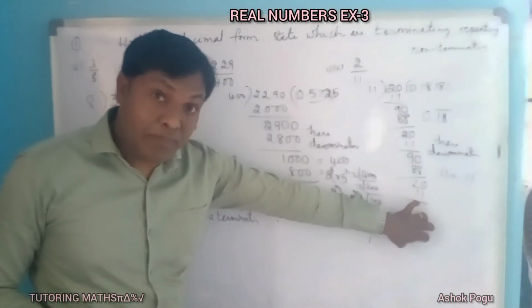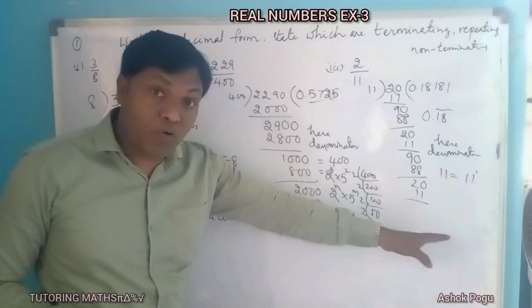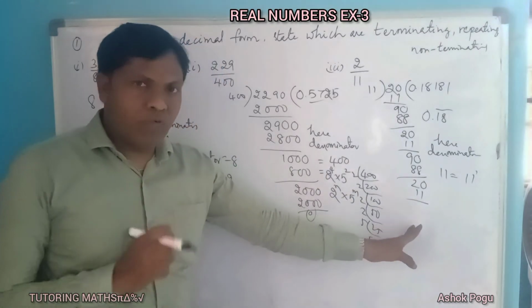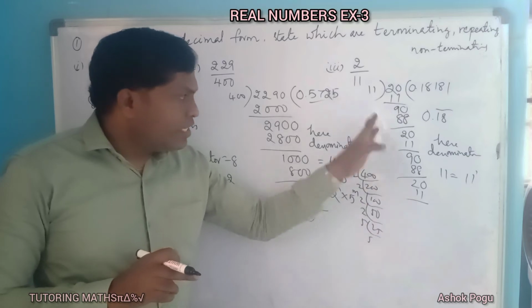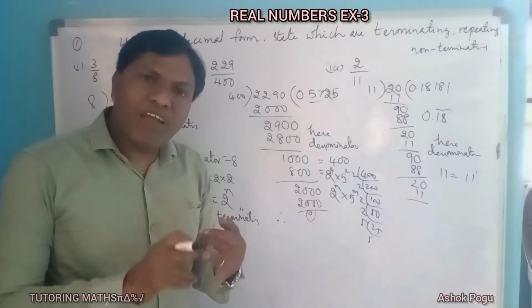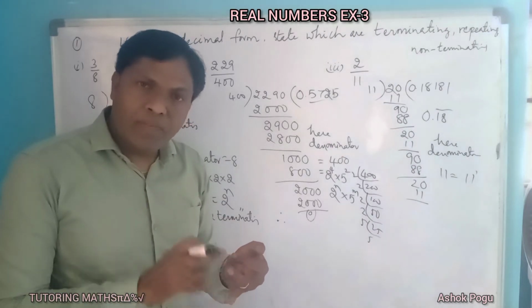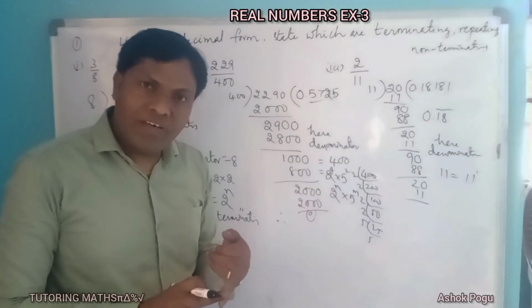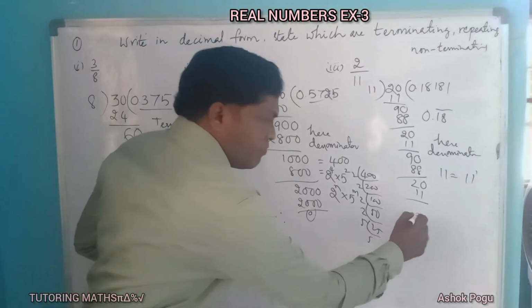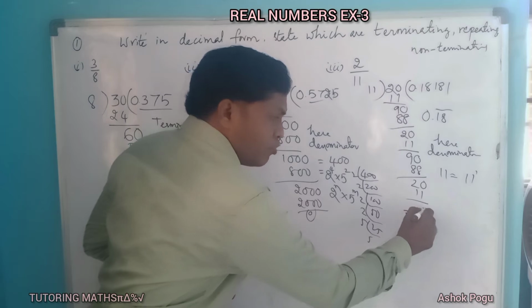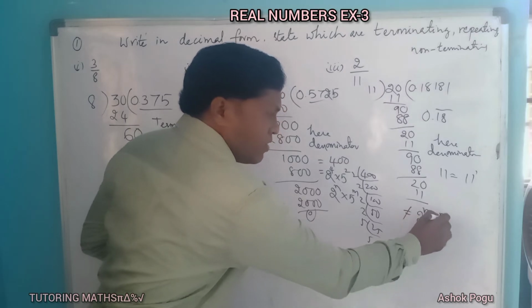You have to write the statement here. Please write the last statement. What should be your answer? Therefore, the prime factors of the denominator 11 are not in the form of 2 power n into 5 power m.